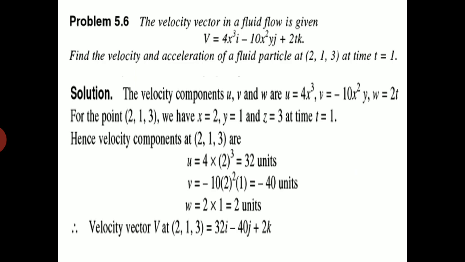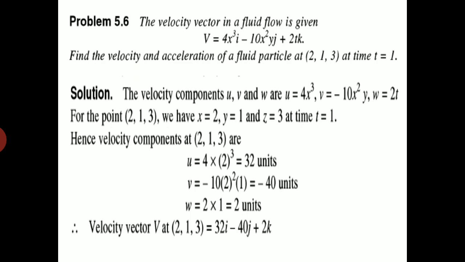First of all, we go to the equation provided to us. V is equal to 4x cube i. Whatever is with i is the velocity component in the x direction, whatever is with j is the velocity component in the y direction, and whatever is with k is the velocity component in the z direction, represented by u, v and w.